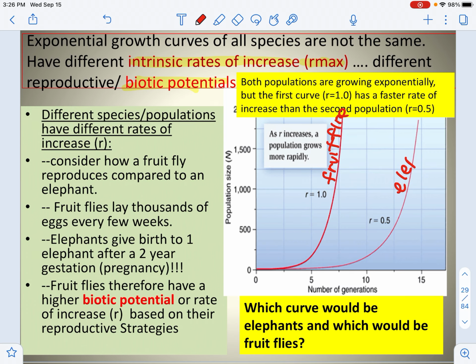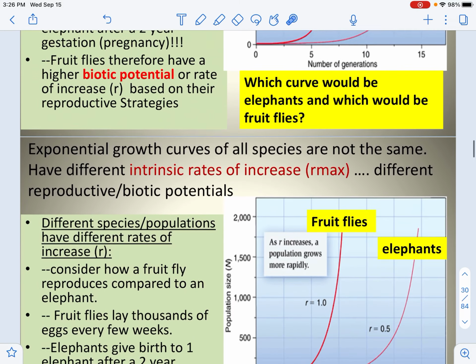These aren't actual fruit flies and elephants, I just found two with different rates. This would be the faster rate because this R is 1 and this R is 0.5. But again, everything will grow exponentially, just at different rates depending on their biotic potential, how they reproduce.